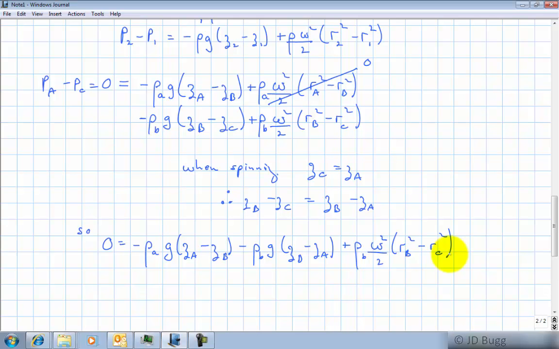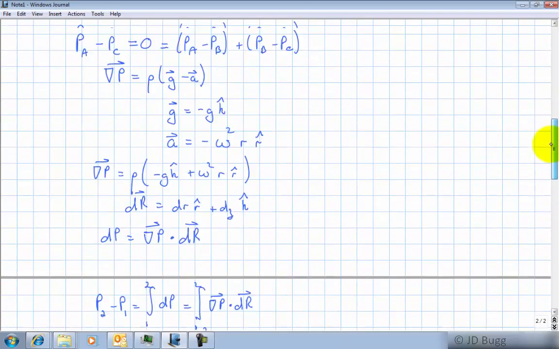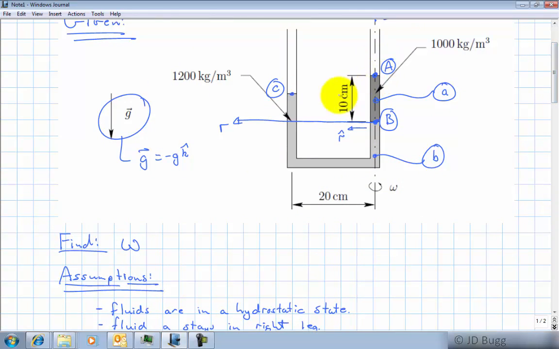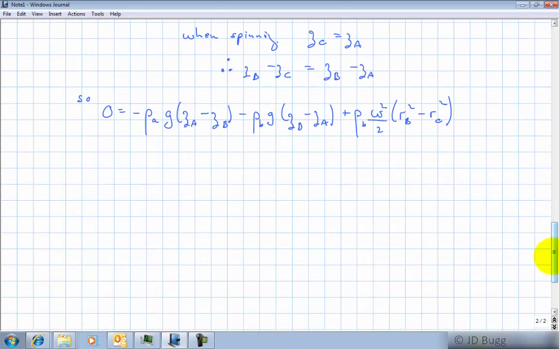Now we're ready to substitute numbers into this, because if you take a look at this, the only thing we don't know in this expression is omega, the angular speed. We know all these densities. We know all of these elevation changes. So A minus B and B minus A, of course, are just going to be 0.1 meters and negative 0.1 meters. Just go back and take a look at the diagram, show you that. So 0.1 meters, 10 centimeters. So just a matter of substituting numbers into this.